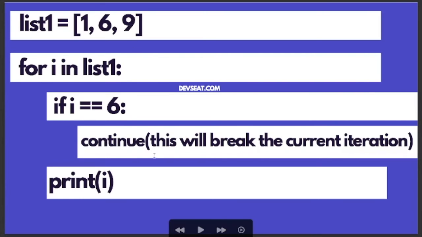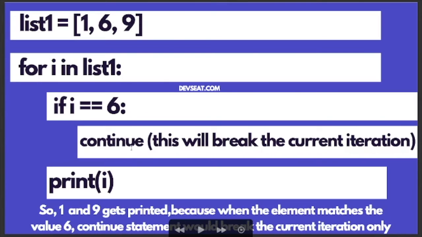So what is the output here? 1 and 9 gets printed, because when the element matches the value 6, the continue statement would break the current iteration only. That is the reason 6 doesn't get printed. In case you have break here, the output will be only 1.